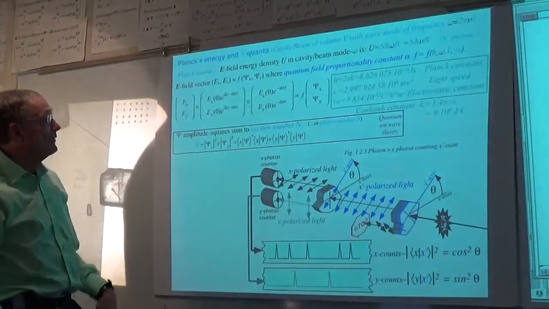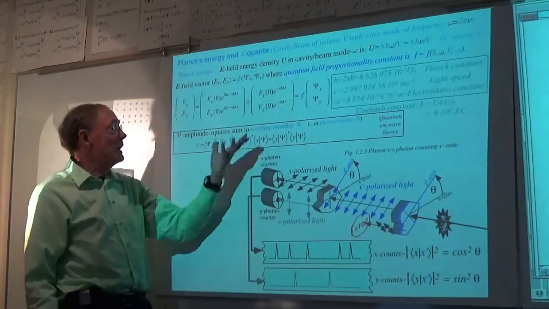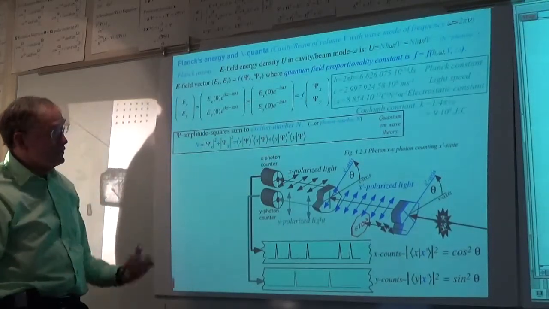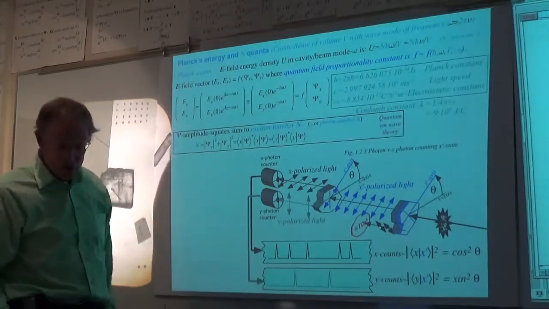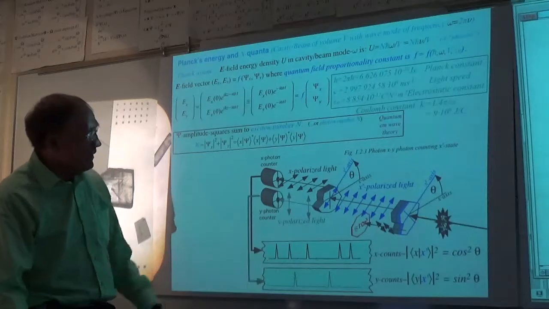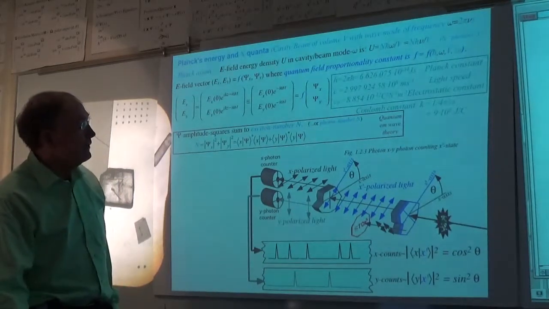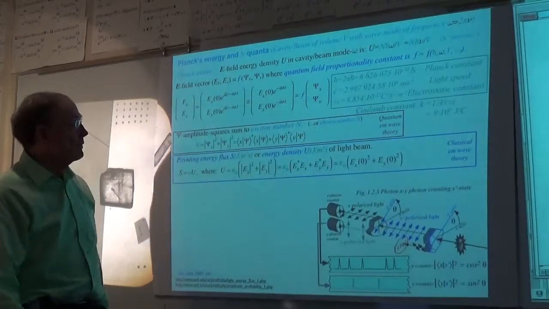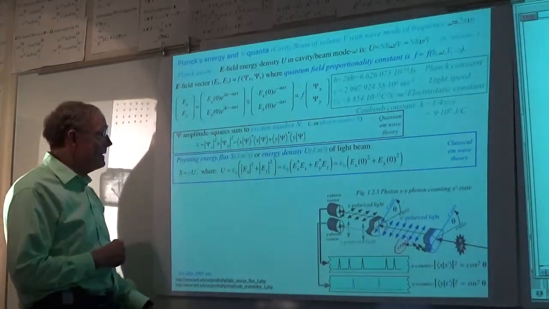Okay, so here's the square of x and the square of y being added up to give us the experimental results for this imagined experiment, which is done many times in this building because we do quantum optics.